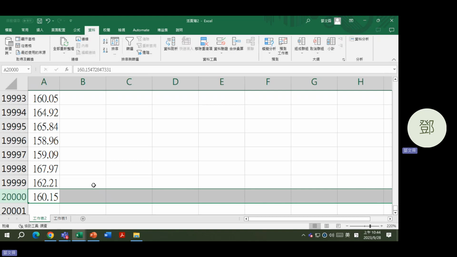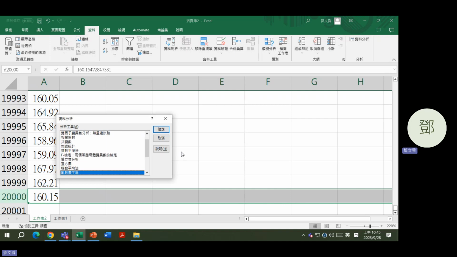And I'm going to visualize the distribution of the data, which is the purpose of the histogram and the frequency polygon. Understand? Okay. So go to data analysis again. Histogram.